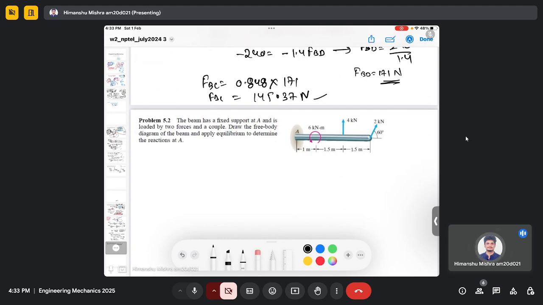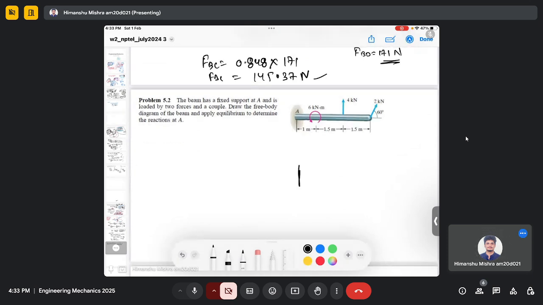So in this problem we have a beam with a fixed support at A, loaded by two forces and a couple. Draw the free body diagram of the beam and apply equilibrium to determine the reaction at A. As we discussed previously, for the fixed support, let's say this is my x direction and this is my y direction.